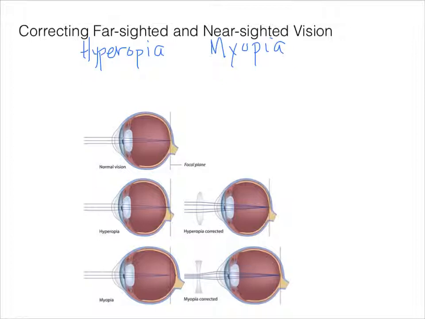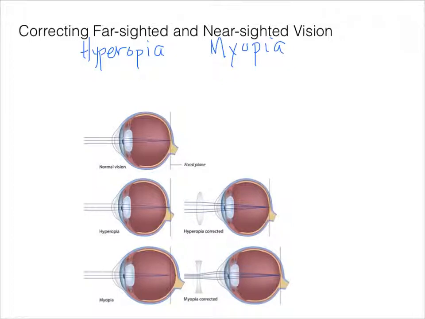Well, in order to correct whether it's hyperopia or myopia, we have to adjust how the light rays are refracted so that they focus on that retinal nerve in the way that they're supposed to. For far-sighted individuals, a double convex lens is used, and notice that those light rays begin to refract before they enter the eye.